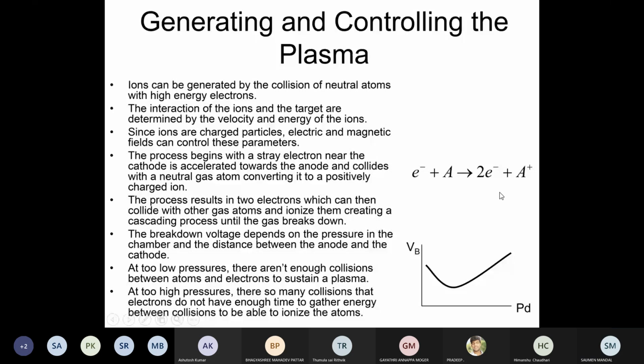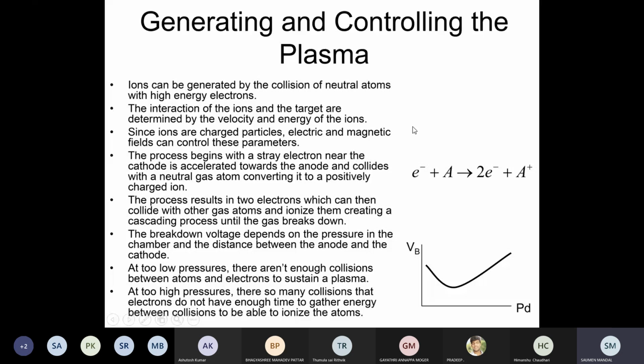It keeps going on. The interaction of this ion and the target atom is determined by the velocity and the energy of the ion. After ion formation, the ion will interact, and that will be decided by the energy of the ions. I will explain this interaction energy in some slide, and at which interaction energy the sputtering will happen.